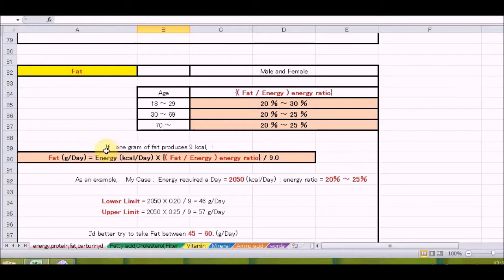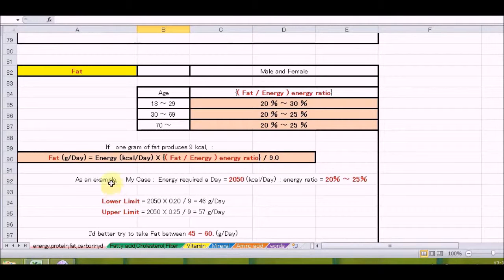If 1 gram of fat produces 9 kilocalorie heat, fat can be calculated by this equation: energy requirements multiplied by fat energy ratio divided by 9.0.